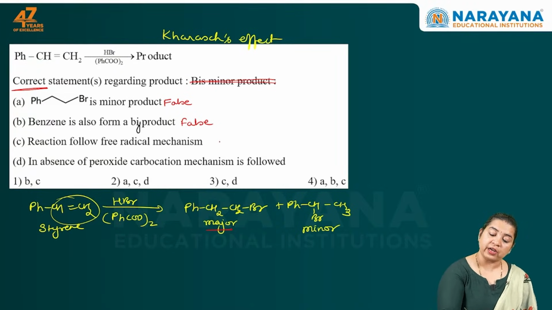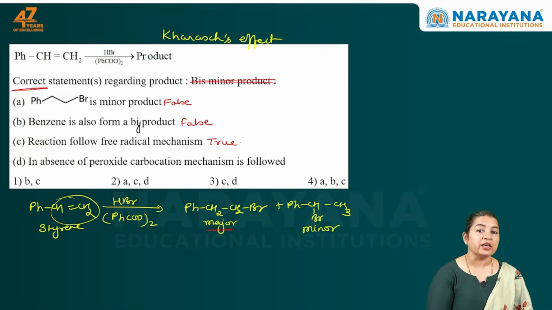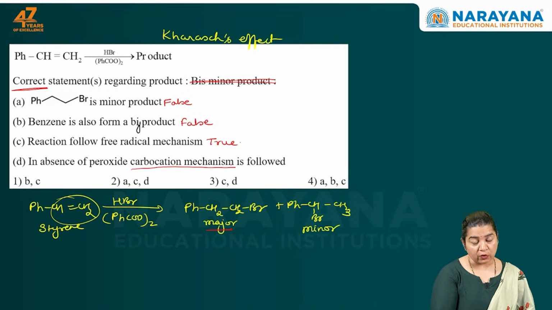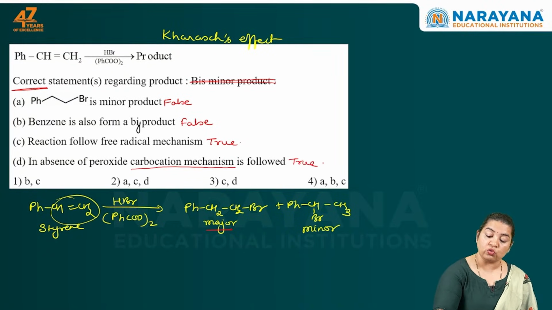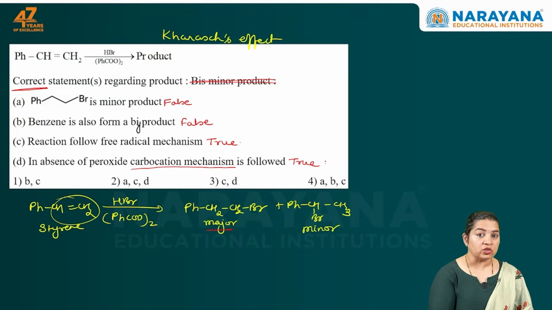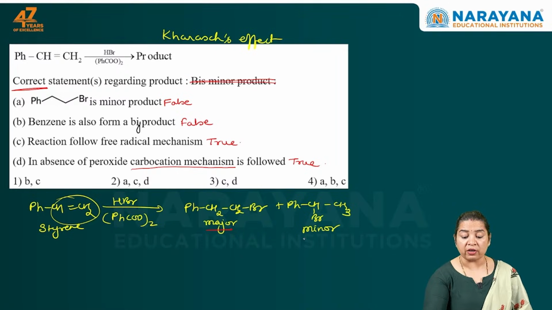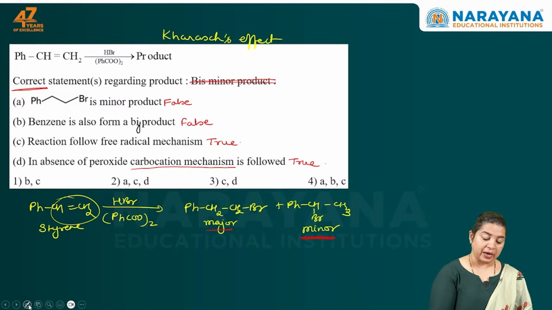C: the reaction follows a free radical mechanism? Yes, because the peroxide effect follows a free radical addition mechanism. D: in the absence of peroxide, then a carbocation mechanism is followed. Certainly, that is also true. Then we have Markovnikov addition of HBr, and the one we are referring to here as minor will become major under those conditions.